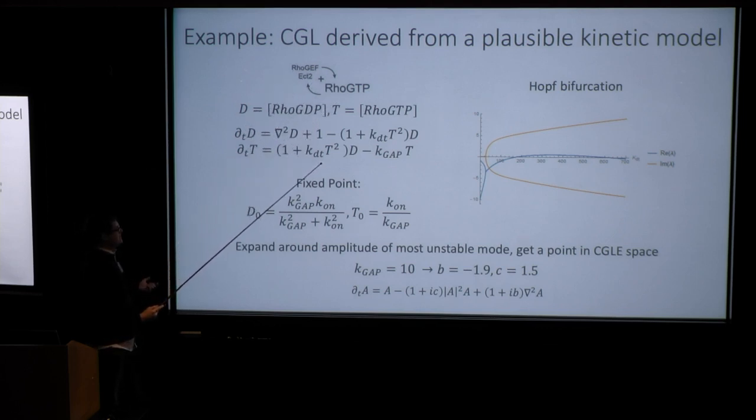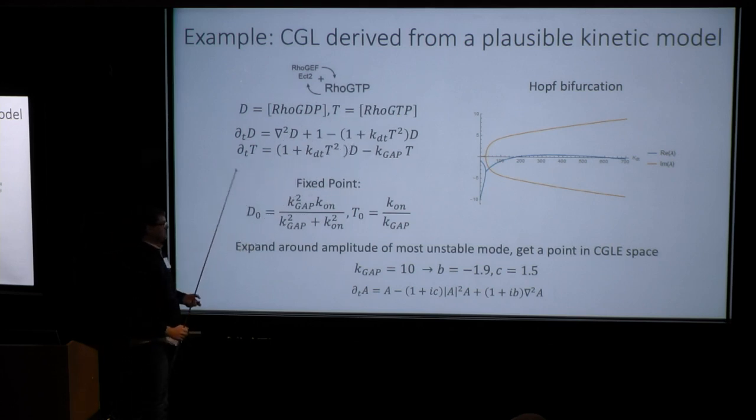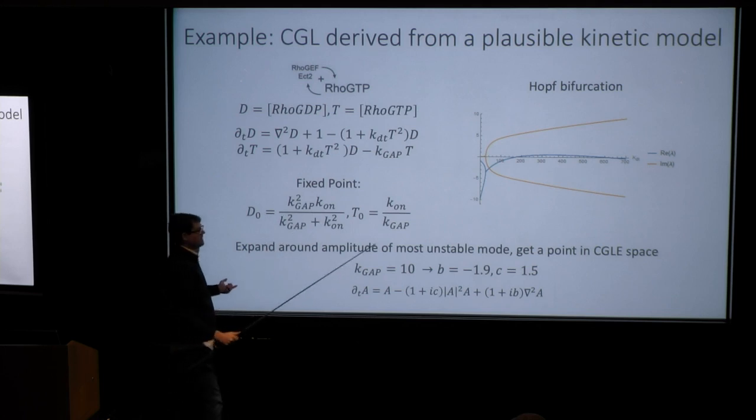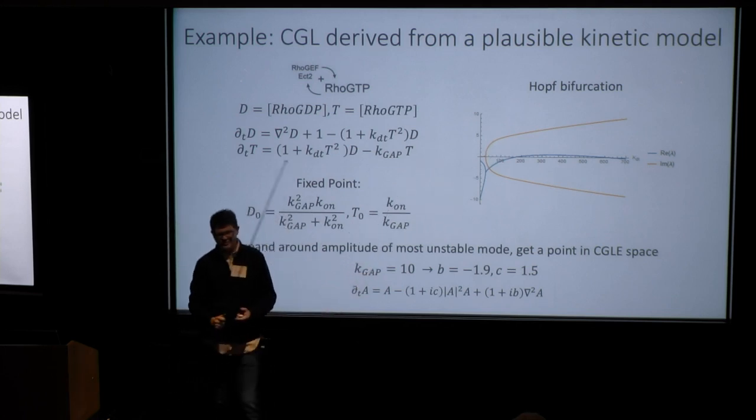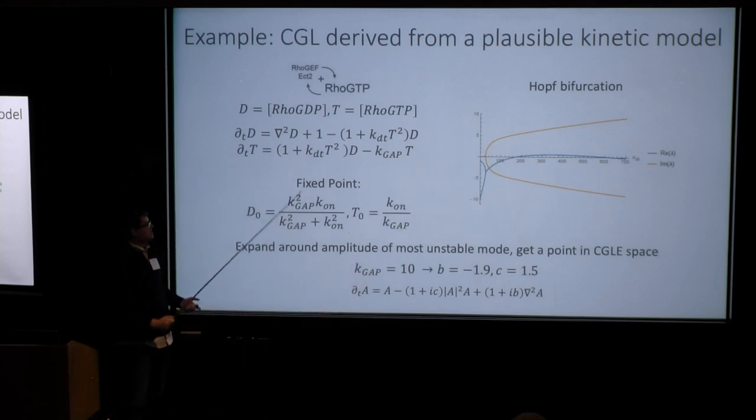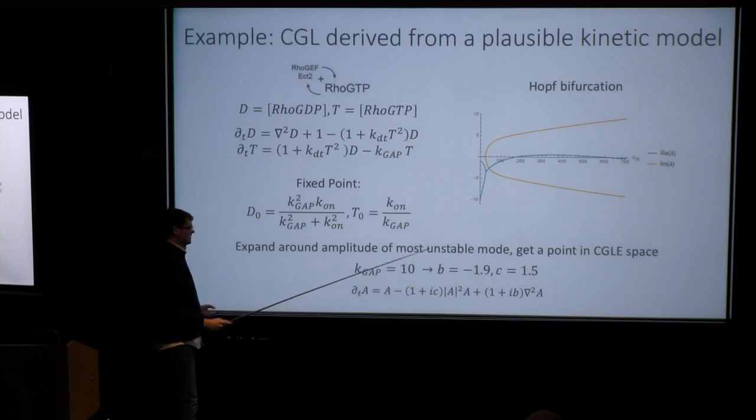And you can imagine this might be represented by a reaction diffusion system of this form, a diffusion term, some sort of cooperative activation of the Rho GDP to Rho GTP, and then this decays via Rho GAP, which isn't mentioned here. And then one can find the fixed point, identify the Hopf bifurcation, and proceed through a very cookbook analysis to derive, for a given set of reaction rates, a corresponding value for these 2 parameters in the complex Ginzburg-Landau model.